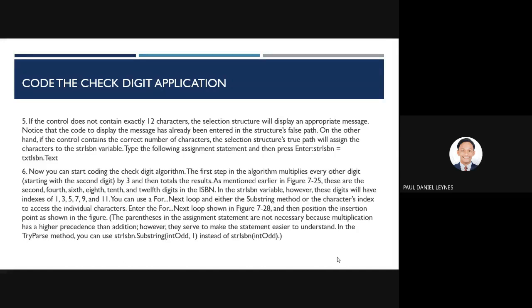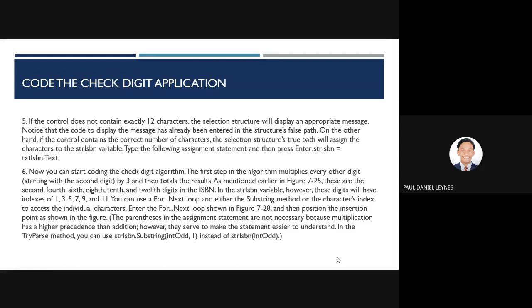Now you can start coding the check digit algorithm. The first step in the algorithm multiplies every other digit, starting with the second digit, by 3 and then totals the results. As mentioned earlier, these are the second, 4th, 6th, 8th, 10th, and 12th digits in the ISBN. In the strISBN variable, however, these digits will have indexes of 1, 3, 5, 7, 9, and 11. You can use a For Next loop and either the Substring method or the Chars index to access the individual characters.